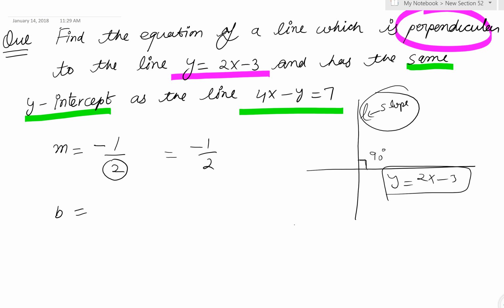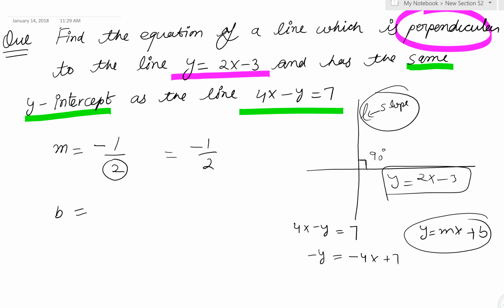So I write it there, 4x. Now in order to convert it to the slope intercept form, I have to isolate y from the whole equation. So I keep it there and I send 4x to the right hand side. And it turns into negative 4x plus 7.